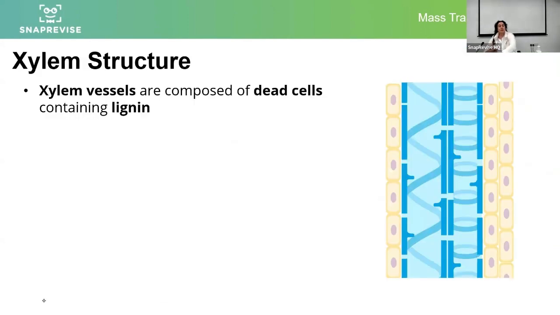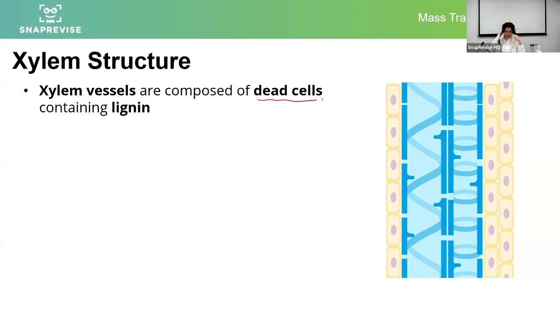Let's now look at the structure of the xylem and phloem individually, separately. So xylem vessels, and their distinguishing feature from phloem cells, is that they are dead cells. How does that happen? When the plant is still developing from a little seed that starts to grow, initially the xylem cells are alive.